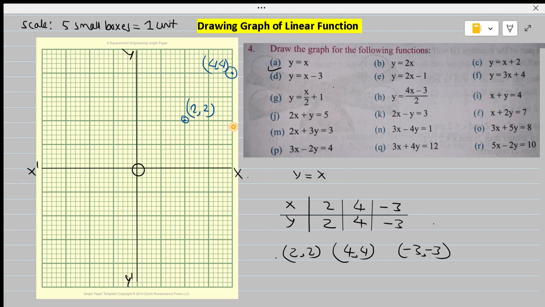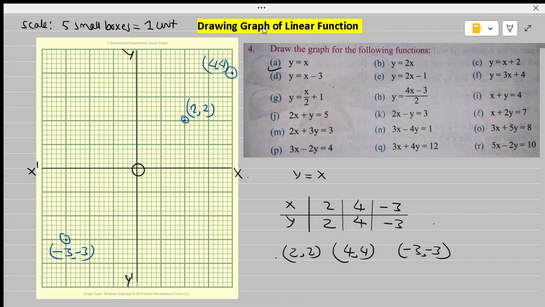If y is positive we count above, and if we are getting y negative, we have to count down. So minus 1, minus 2, and minus 3. That point we keep as minus 3 comma minus 3. So all 3 points are drawn here.